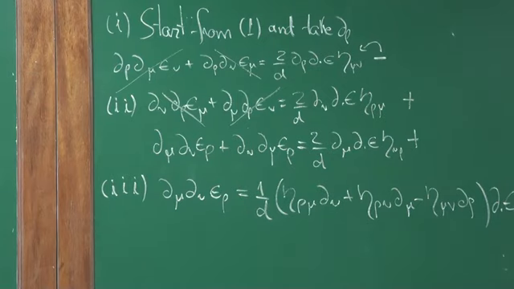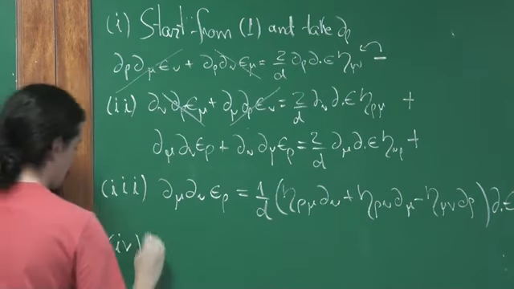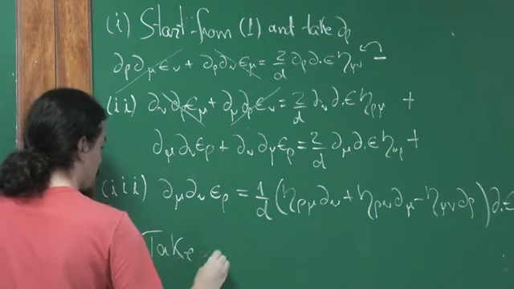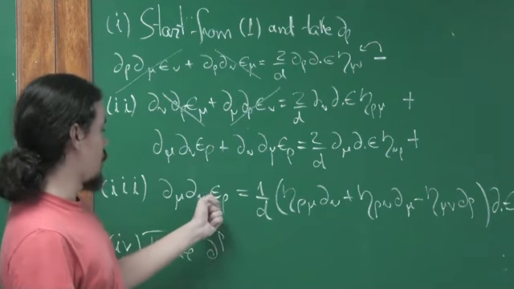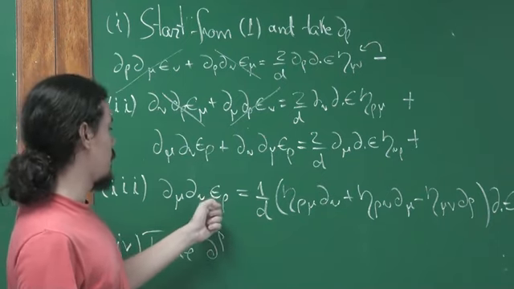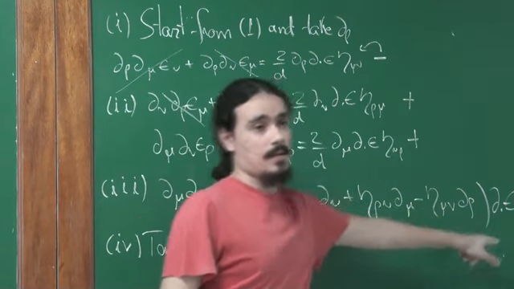But now we're going to do just one more thing. From this equation, we're going to take the divergence. We're going to take the whole thing, because here it will produce the box dot epsilon, which is the same thing we have here on the side.